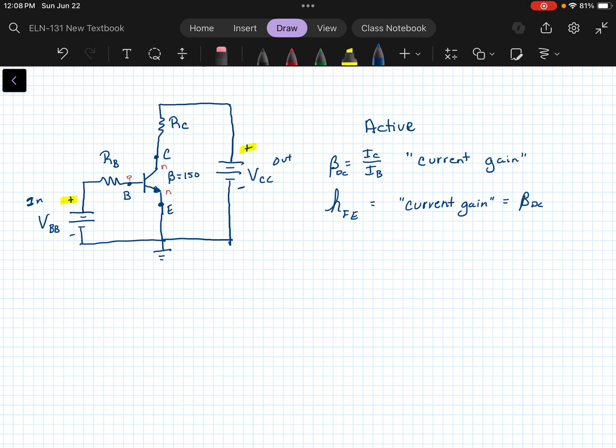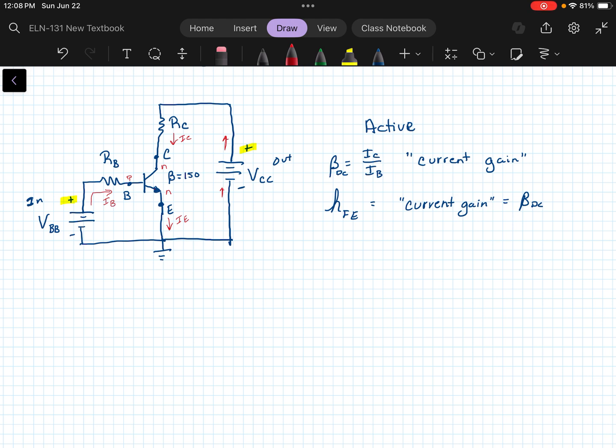A few other things that I want to note. With the direction of this arrow, we have IE leaving the transistor, where IC is coming in. Think of this source as wanting to create a current coming from the positive terminal back to the negative. The same thing with the voltage at the base, and that's going to be your IB.